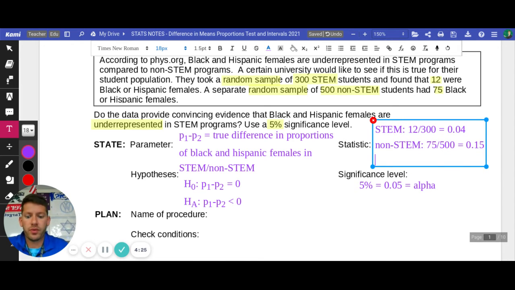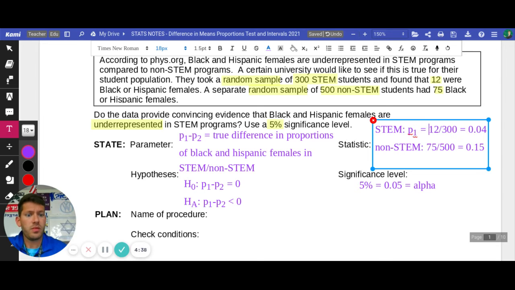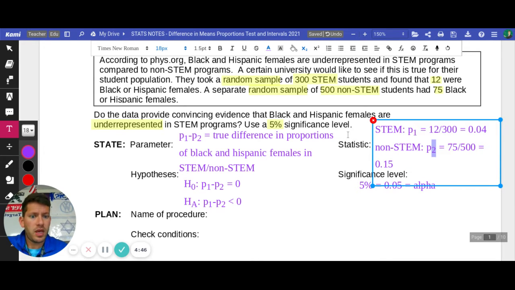So we want to take those proportions. Our first proportion, STEM, is P1, and our non-STEM is P2.